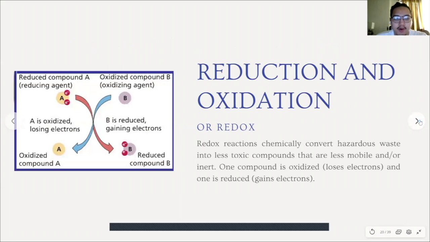This is the next type of chemical treatment, which is called the reduction and oxidation treatment, also known as redox. What redox does is chemically convert the hazardous waste into less hazardous materials. One compound will be oxidized, meaning it will lose electrons, and another will be reduced, meaning it will gain electrons.